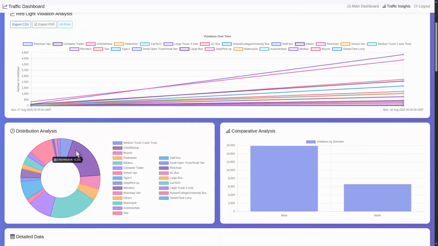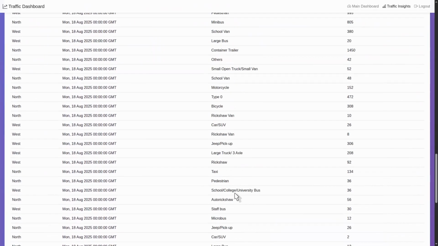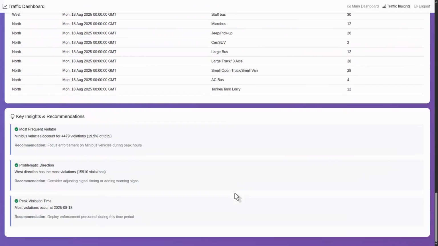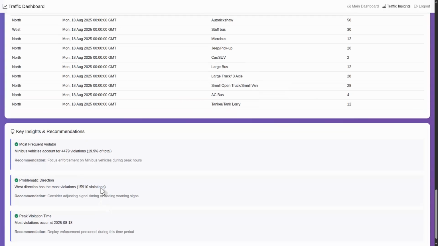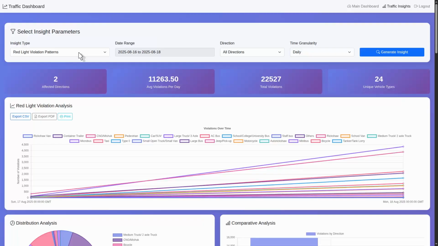Like now we have changed the granularity to daily level. So with this, within the 2 days that are selected, we can gain the insights and recommendations. So it's very useful for insights.